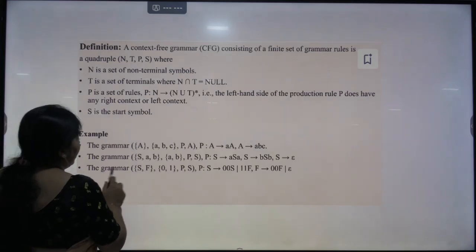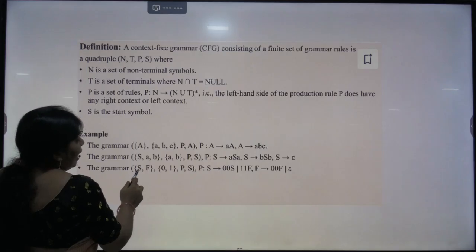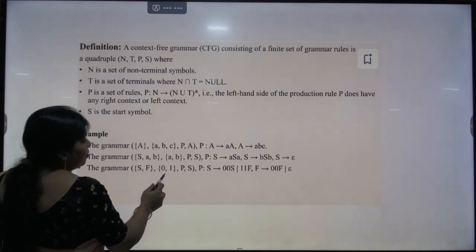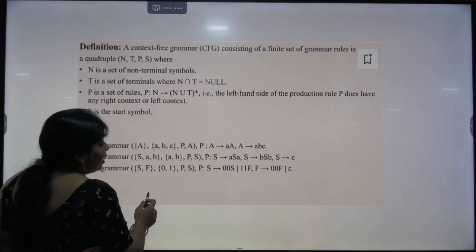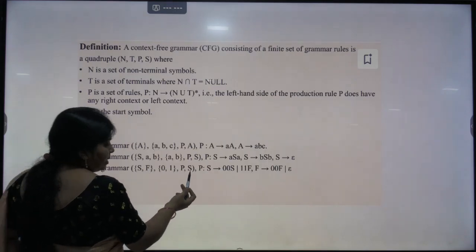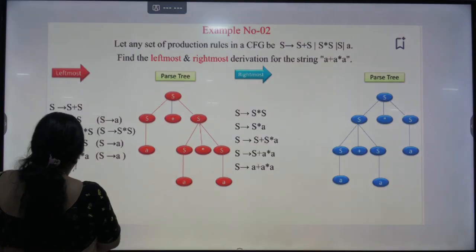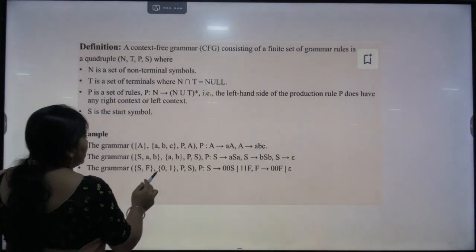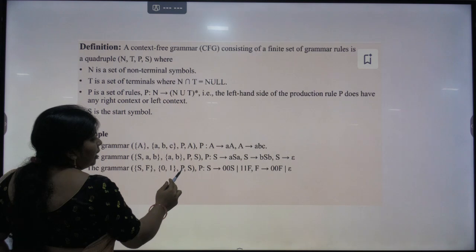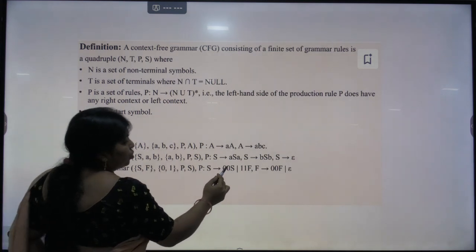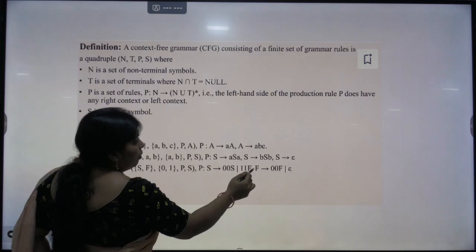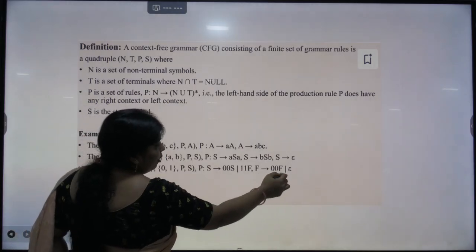In the same way, in this grammar we have S and F as the non-terminal symbols, 0 and 1 as the terminals. S is the start symbol. Then the productions are S tends to 00S or 11F, and F tends to 00F or epsilon.